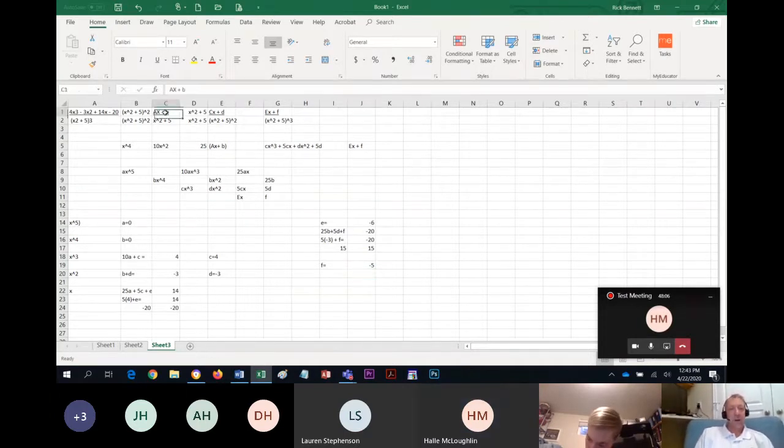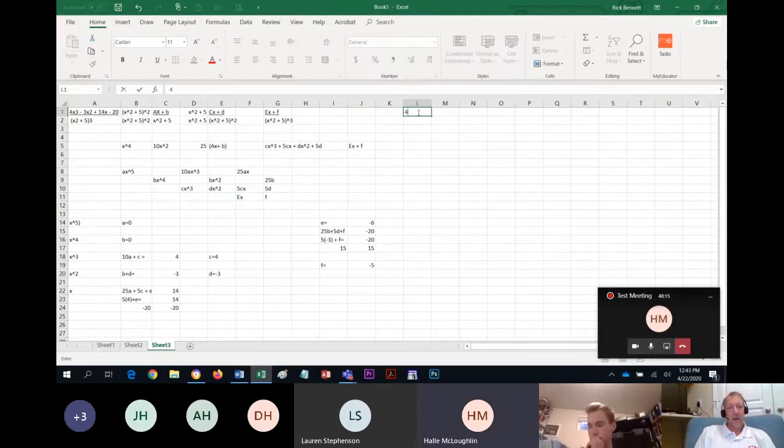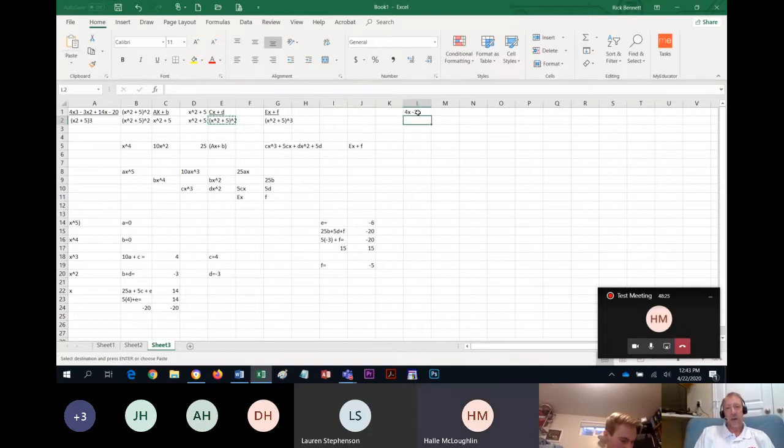So this fraction just drops out. That doesn't exist anymore. So c is 4. So I'm going to end up with 4x plus d, which is -3, so I'll just change that to -3 over x squared minus 5. And then e is -6.